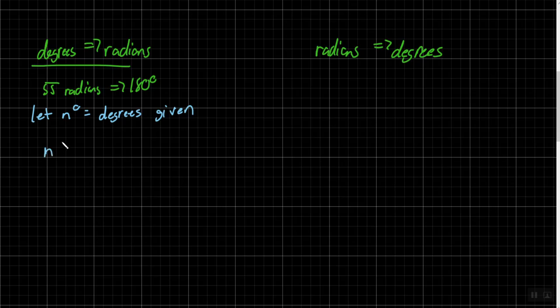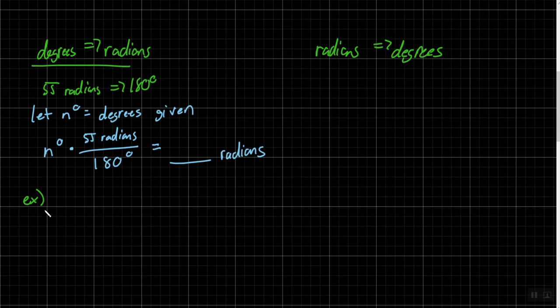So I would do n degrees times pi radians divided by 180 degrees. Now this is degrees in my numerator, degrees in my denominator. So I get rid of degrees, and whatever this answer is, it's going to be in radians. Let's do an example.